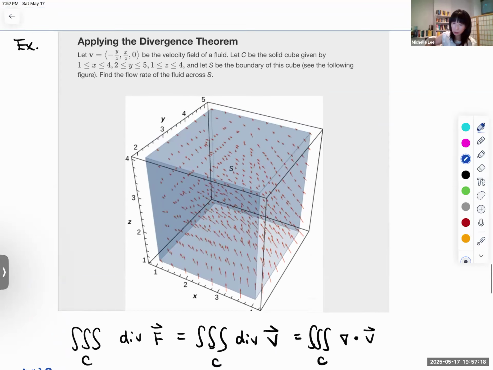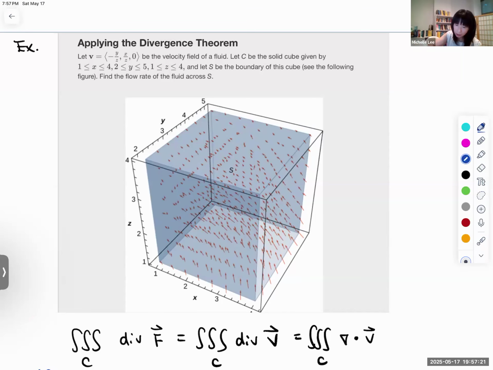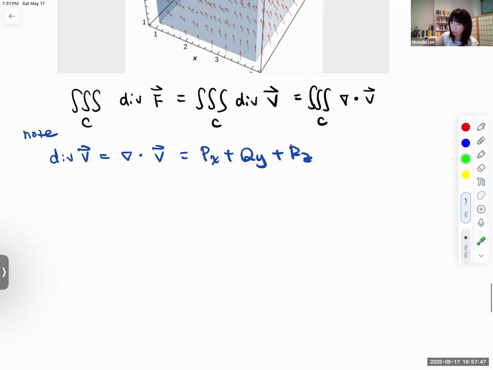So let's take a look. This is P, this is Q, this is R. We're looking at the P component, and we want the partial derivative with respect to X. There's no X, so it's 0. For the Q component with the partial derivative with respect to Y, there is no Y, so it's 0. R is 0, right? So we get 0 plus 0 plus 0, which is 0.